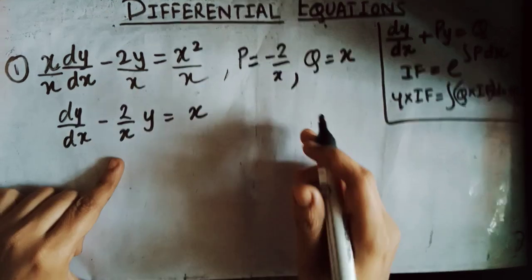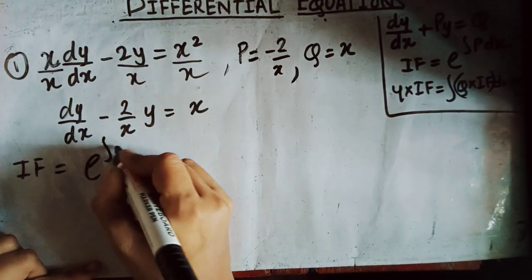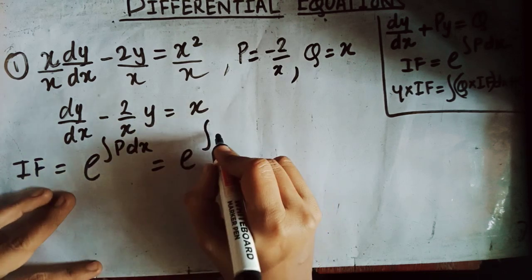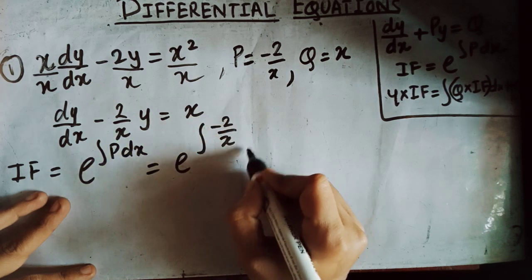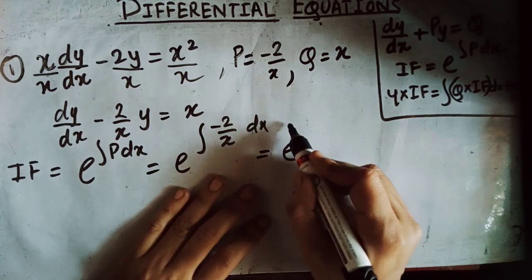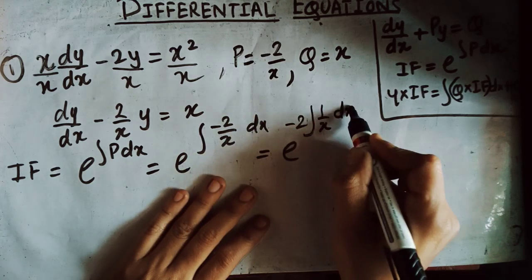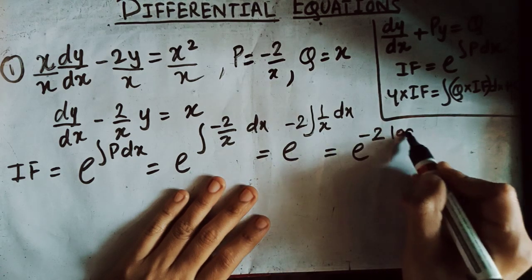Now you have to find the integrating factor, e raised to integral p dx. So e raised to integral of minus 2 by x dx, so e raised to minus 2 integral 1 by x dx, which is e raised to minus 2 log x.